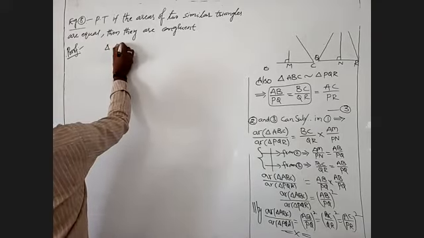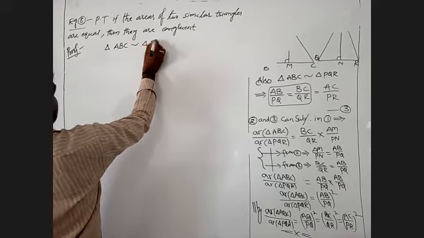First I will write: triangle ABC is similar to triangle PQR.